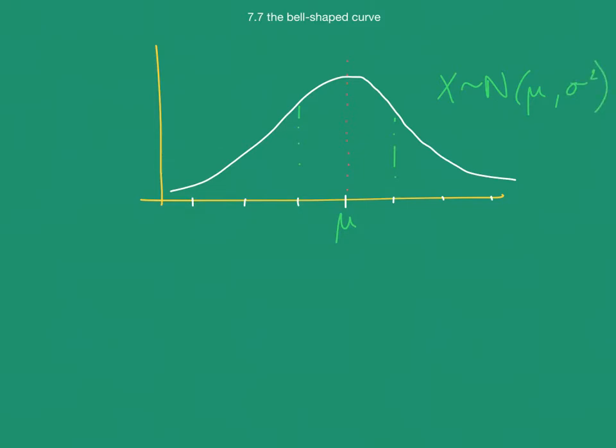So if you have the variance, you also have the standard deviation. Standard deviation would be the square root of the variance.